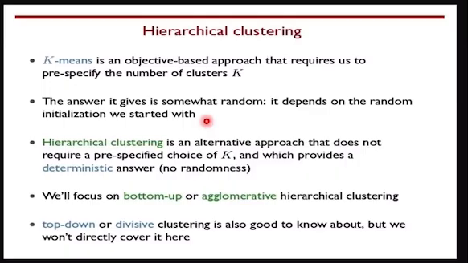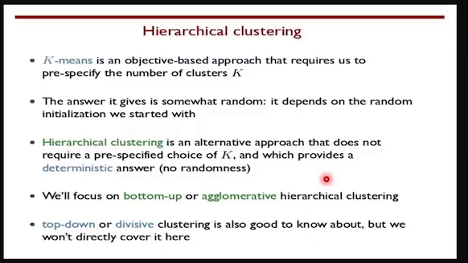So the answer that K-means gives is random, but for hierarchical it is deterministic. This is an alternative approach that does not require you to specify the number of clusters ahead of time. With that, you have eliminated randomness, you have eliminated uncertainty, because there's uncertainty around when you specify the number of clusters ahead of time.